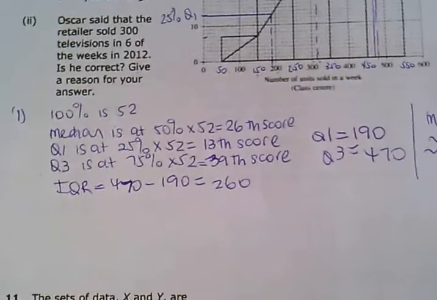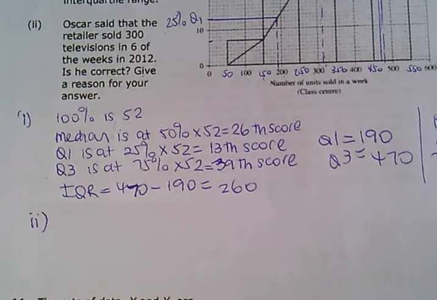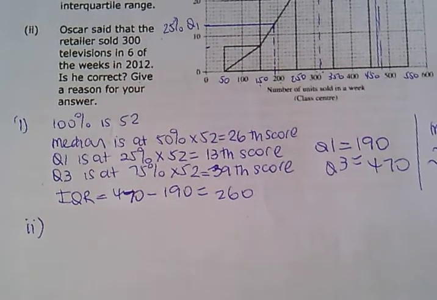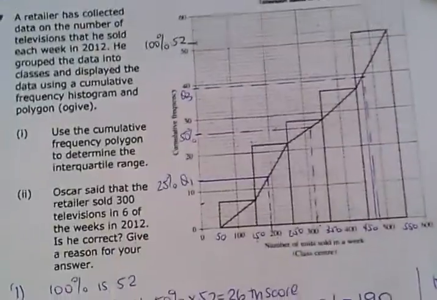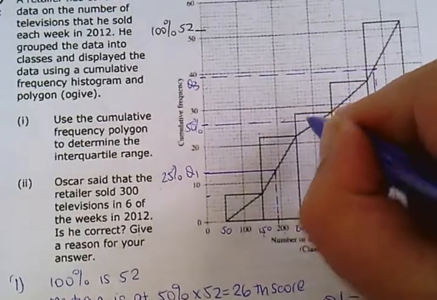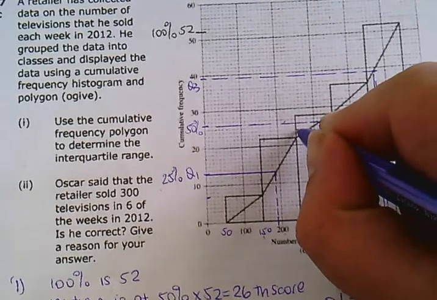Now, part B, or part 2 of the question, says that Oscar said that the retailer sold 300 televisions in 6 of the weeks in 2012. Is he correct? Give a reason for your answer. Now, let's look at the graph. 300 TVs. The gap between there and there is 1, 2, 3, 4.